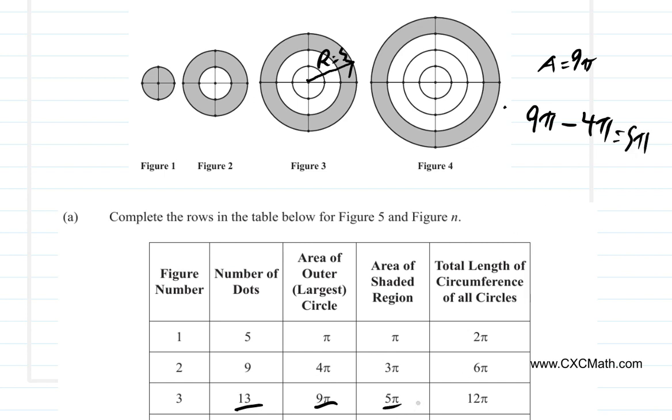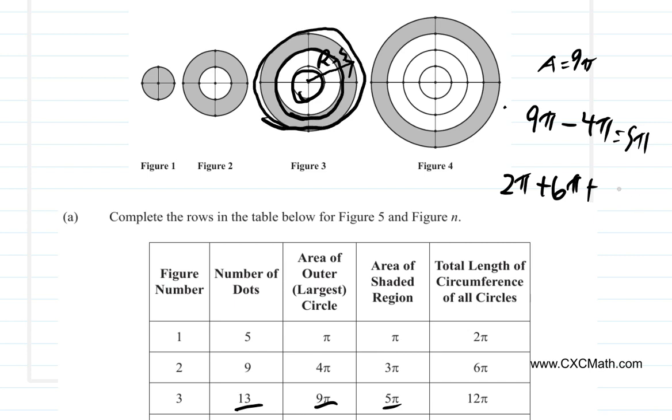Good, 5 pi. Then the total length of the circumferences of all the circles. The inside one is 2 pi. The second one is 6 pi, plus the outer one, which would be 2 pi r, 2 pi times radius of 3.